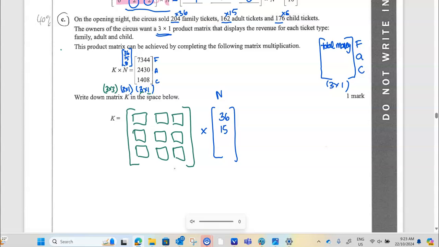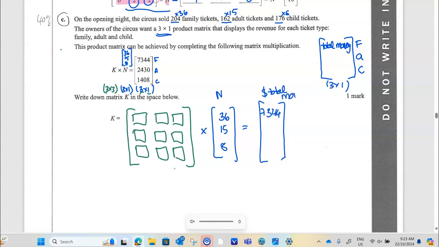If you think about it, that's going to produce the total money. They've already put it there. It's going to be here, the total money.